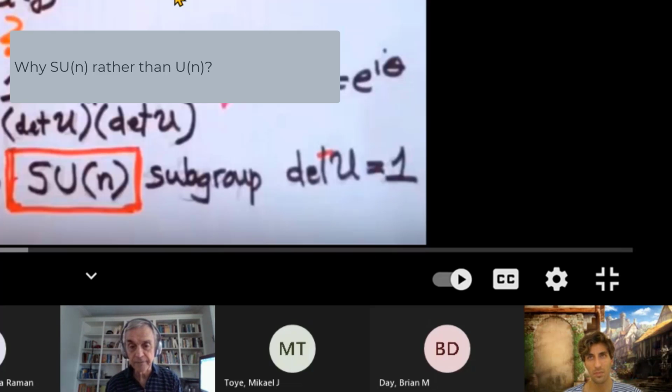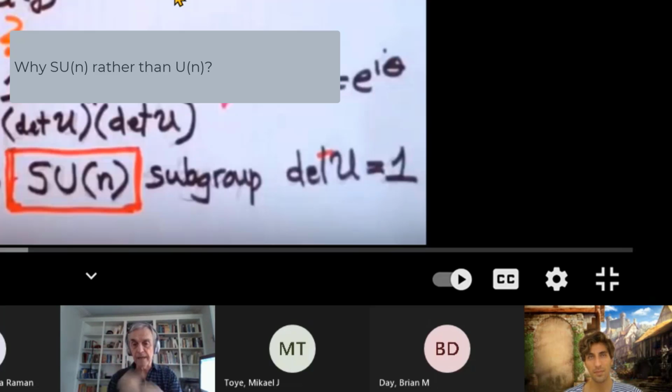So SU(N) will actually have n squared minus 1 possible rotations hidden inside of it when we count its dimensionality. So it's always the dimension minus 1. And for the number of different rotations, different parameters, it's actually n squared.